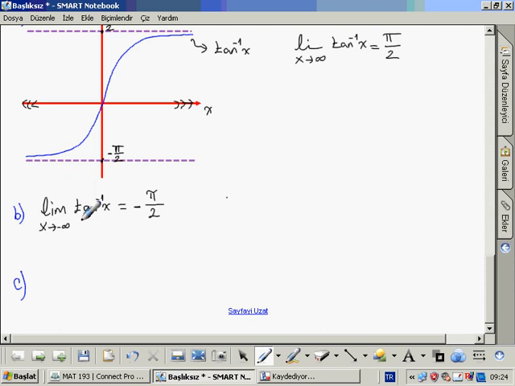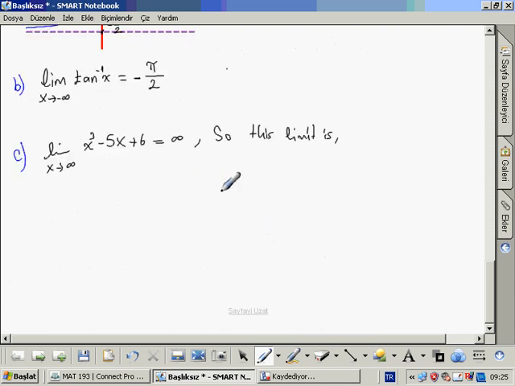In this case, using the techniques from the previous section, we have the limit as x goes to infinity of x cubed minus 5x plus 6 equal to infinity. So the limit as x goes to infinity of inverse tangent of x cubed minus 5x plus 6: this part will be infinity, so inverse tangent of infinity equals pi over 2.